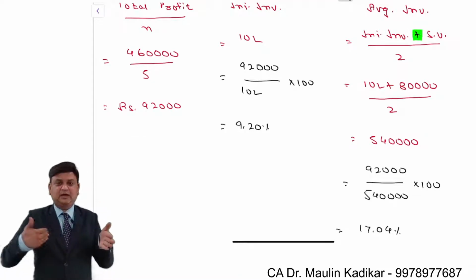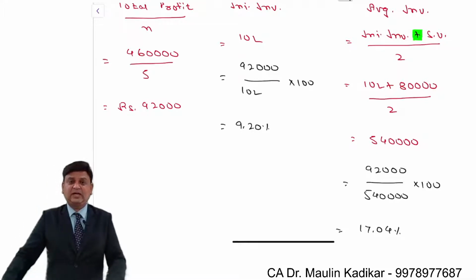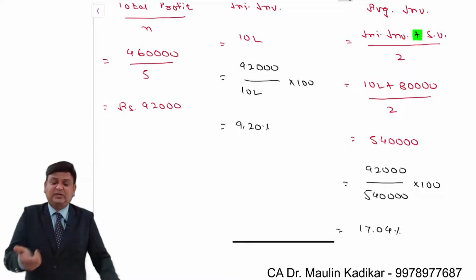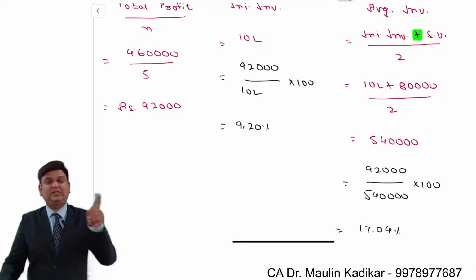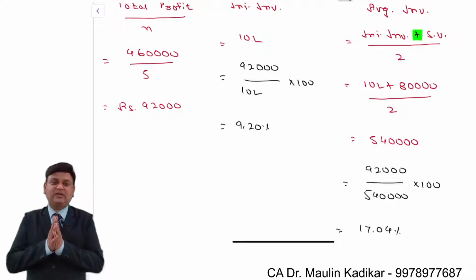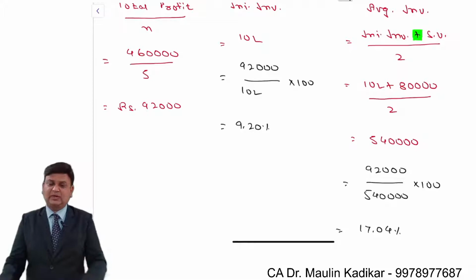So till the time the project is completed, the scrap value is also a kind of deemed investment that you have made in the business. So that 80,000 is added to the initial investment of 10 lakhs for the average investment calculation. This is the way ARR is calculated. Now the calculation part is over. How to take the decision, that would be the next point.